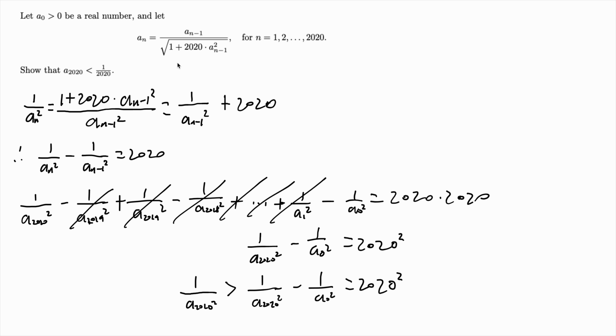That means it can never be equal to 0 because our numerator is actually, what if our numerator is 0? We can't, because when a sub 1 has a sub 0 for our numerator in this form, that's not equal to 0, that means a sub 2 is not equal to 0, and by induction a sub 2020 is always greater than 0.